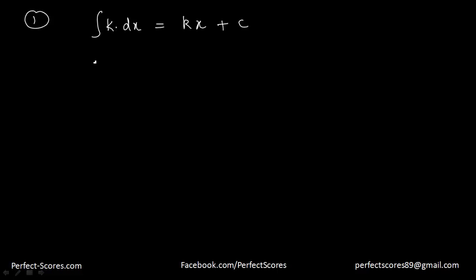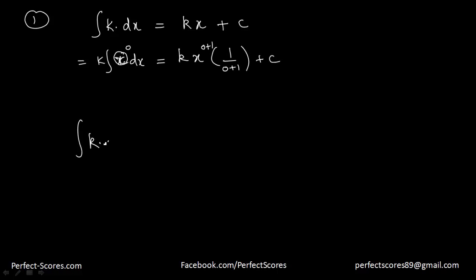Because this is equal to k into 1 dx, and when do you get 1? When you have x raised to the power 0, so you will have x raised to the power 0 plus 1 divided by 0 plus 1, plus c. So the integration of a constant k dx is equal to kx plus c.